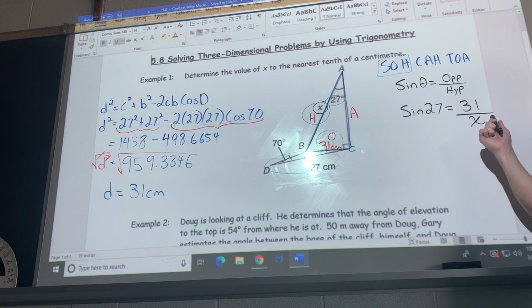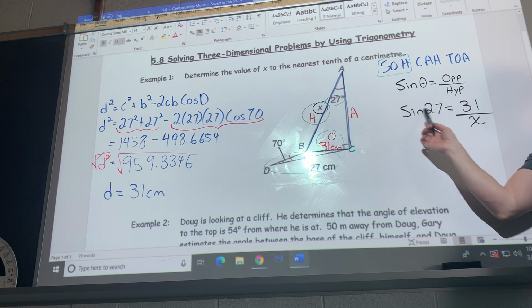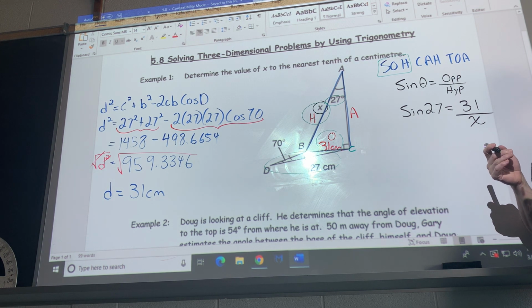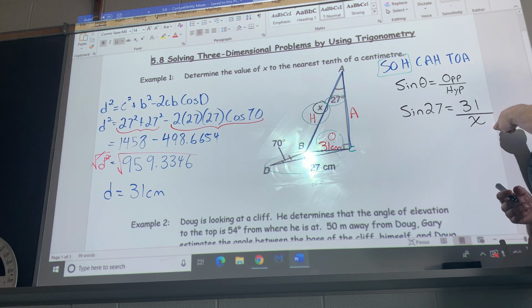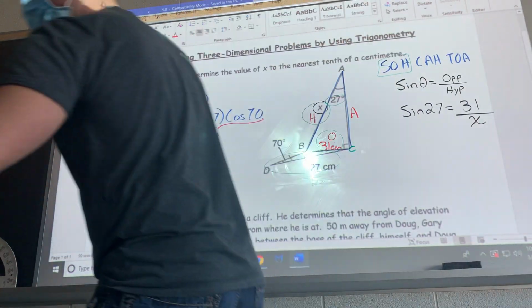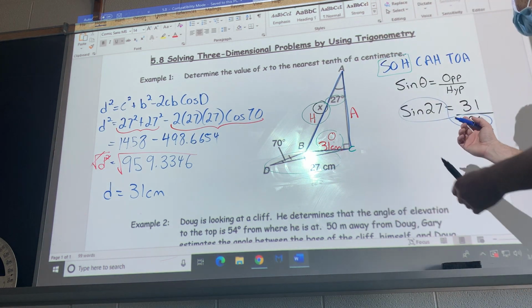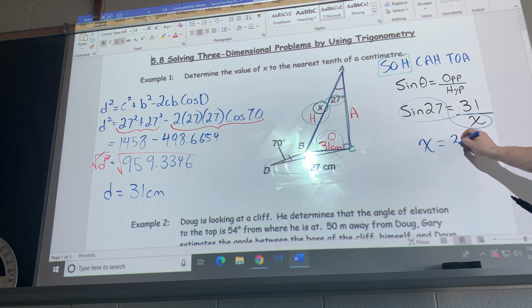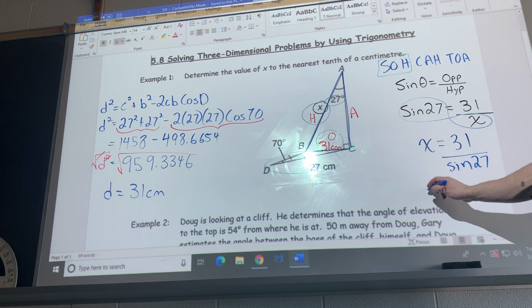Okay, so we isolate for x. When x is the denominator, I showed you a shortcut. What was it you got last time I asked, right? Adrian? You just switch them. The correct way is multiply by x over here and then divide by sine 27, or you could just switch them. You swap the places. You get x equals 31 divided by sine 27.